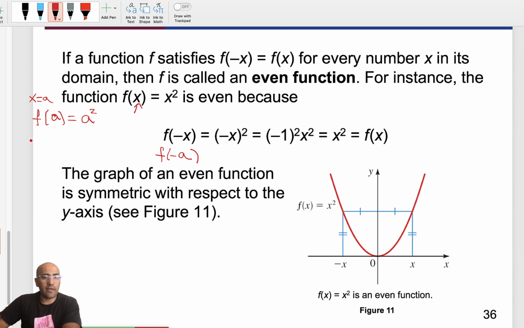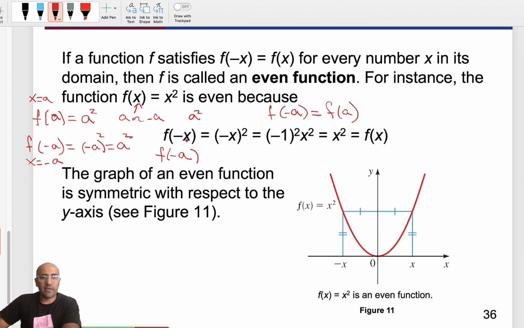But if we evaluate f of negative a, so we're letting x equal negative a, then we're going to get (negative a) squared. And then that just equals a squared, right? The negative 1 gets squared, so that just disappears. And so we're pointing out that we get the same answer. When you evaluate this at a or negative a, either way we get a squared. And so we get the statement that f of negative a equals f of a.